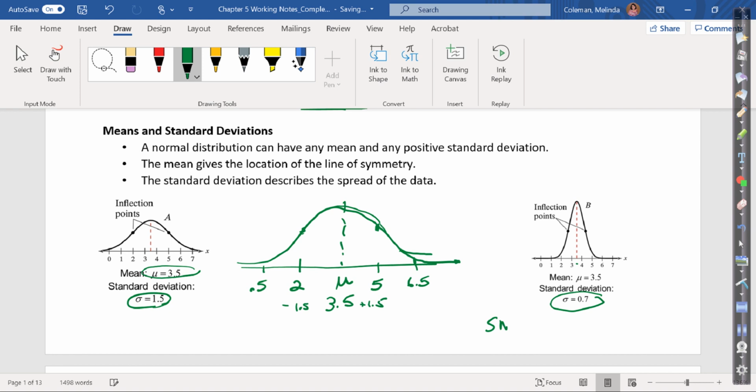A smaller standard deviation makes your curve steeper. Larger standard deviations are going to spread it out more. And remember that if I'm writing SD for standard deviation, that's the same as sigma.